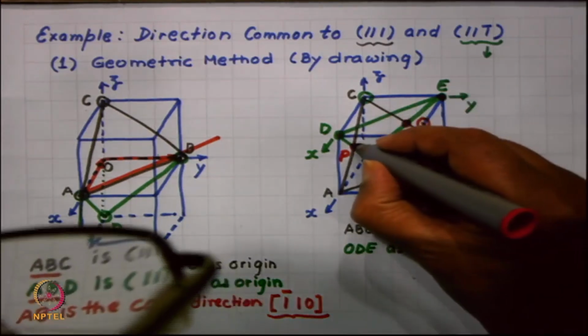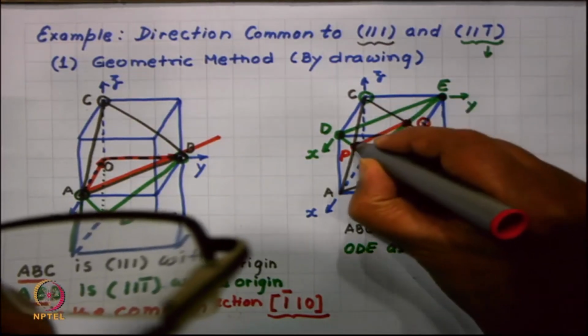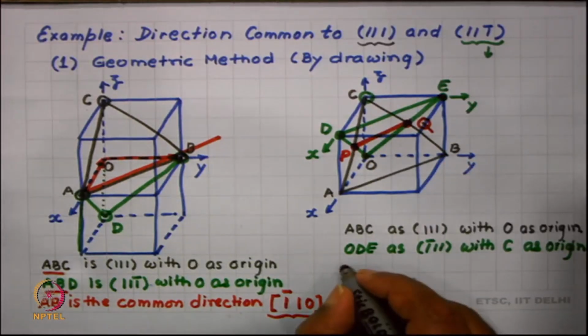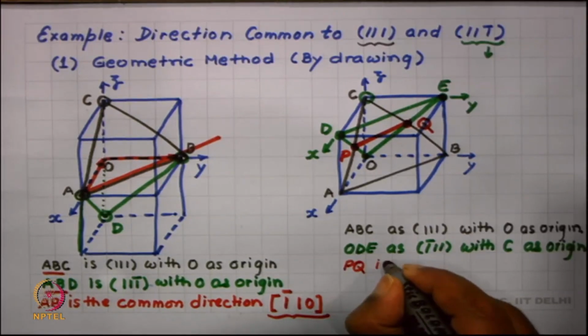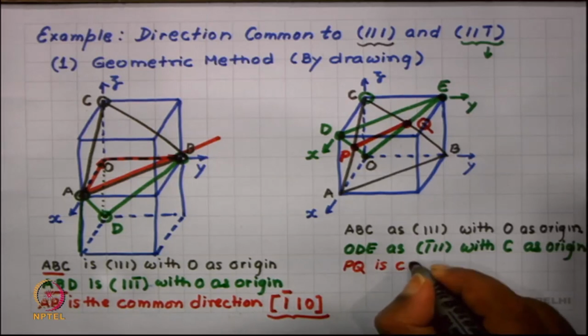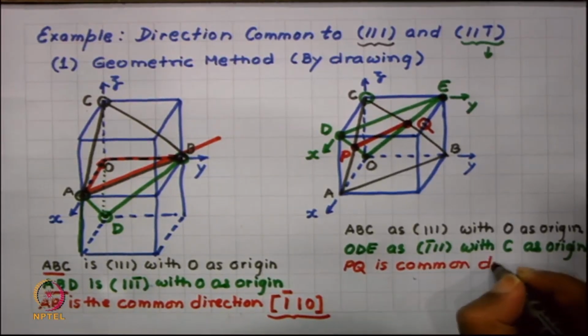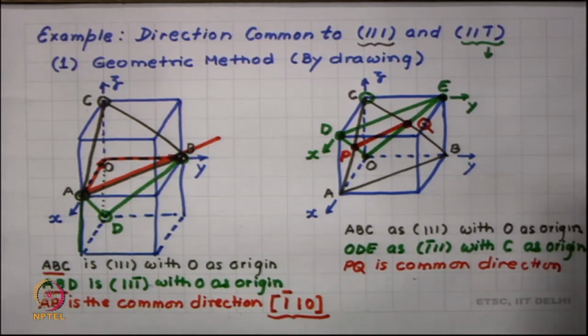So, obviously, if I have found two common points, the entire line will be the common direction. So, now PQ becomes the common direction.